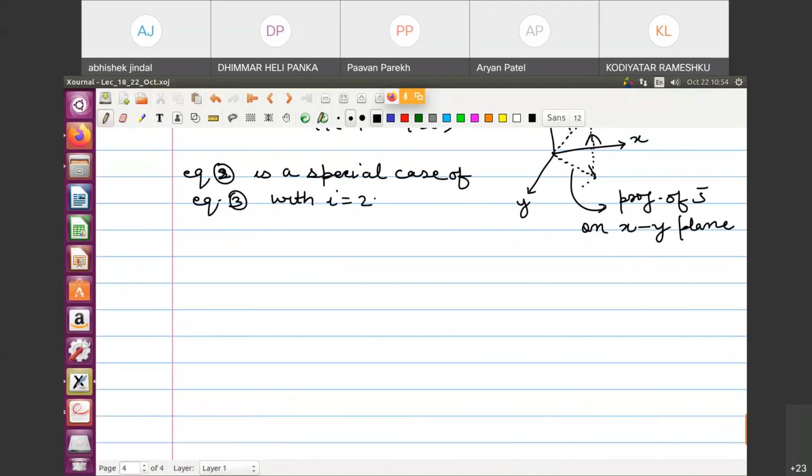For i equal to 1, function Gi(t) reduces to S1(t).